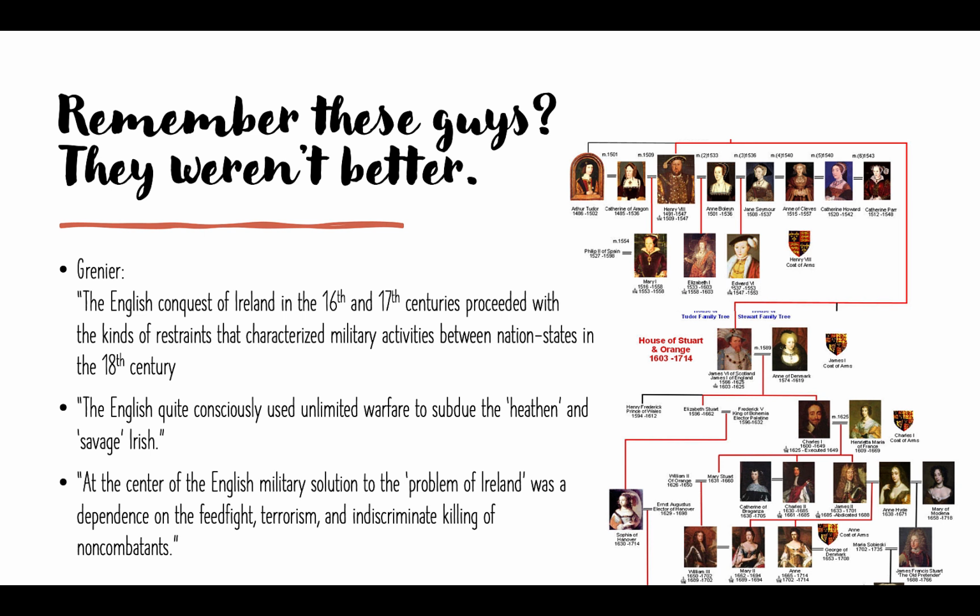And I will point out that terrorism is a part of the struggle in Ireland still. The Irish Republican Army, or the army that is attempting to liberate Ireland from British colonial rule, is known for its terrorist attacks, especially in Northern Ireland, which is still under the control of Britain.